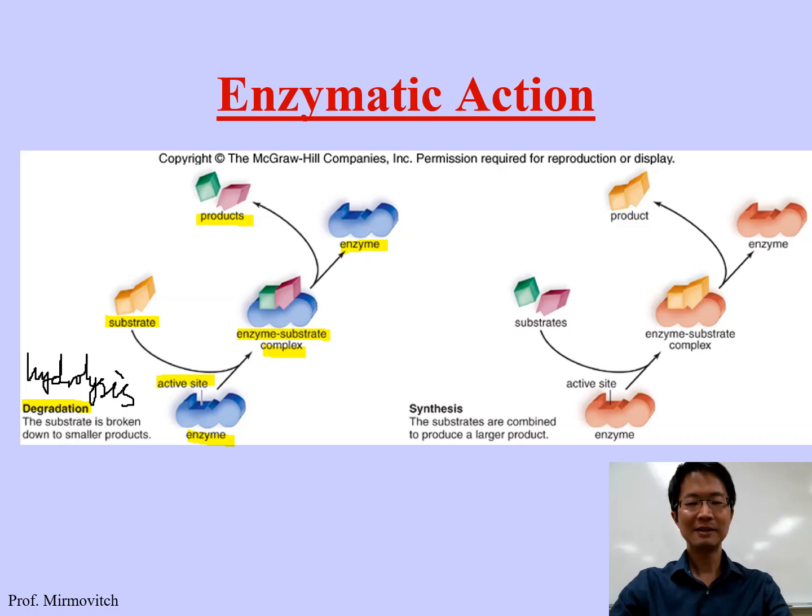Sucrose is a disaccharide, and then after binding to sucrase, which is an enzyme that breaks down sucrose, what will be the monomers that made up sucrose? I'll give you 5 seconds to think about this. 5, 4, 3, 2, 1. Time's up. Yes, the product or the monomers that form sucrose will be glucose and fructose.